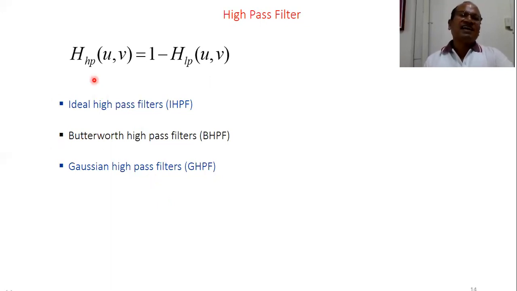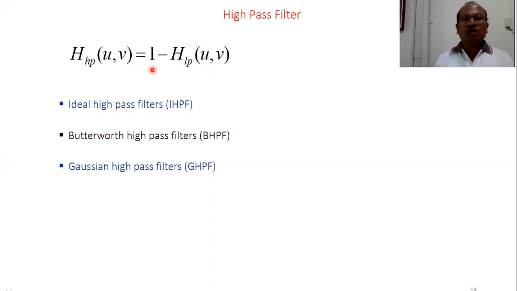The high pass filter transfer function can be written as 1 minus the low pass filter transfer function. Because when low frequency is passed, high is rejected, and when low frequency is rejected, high frequency is passed. So we can write HHP equals 1 minus HLP, or vice versa, HLP equals 1 minus HHP.